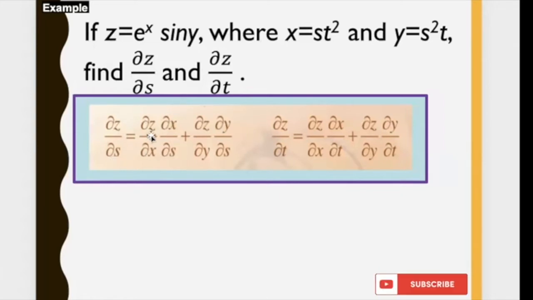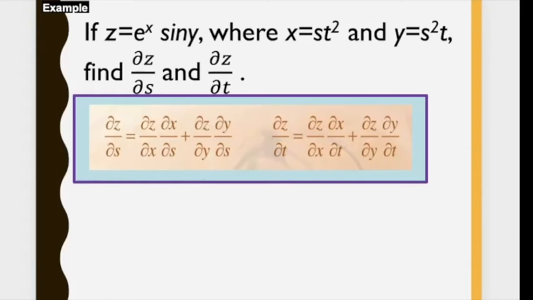To find the partial derivative of z with respect to s, we are going to find the partial derivative of z with respect to x, then the partial derivative of x with respect to s, plus the partial derivative of z with respect to y, and the partial derivative of y with respect to s.